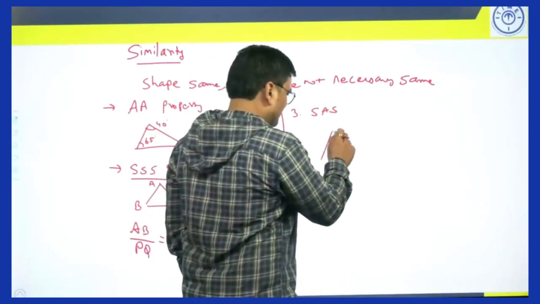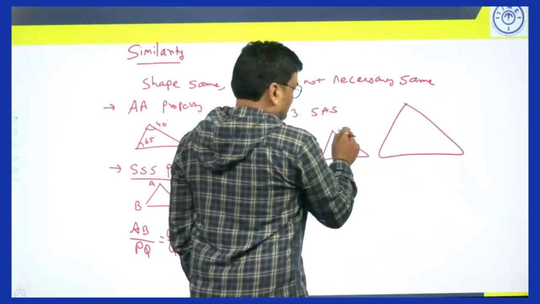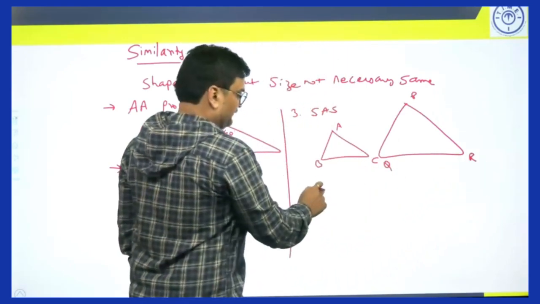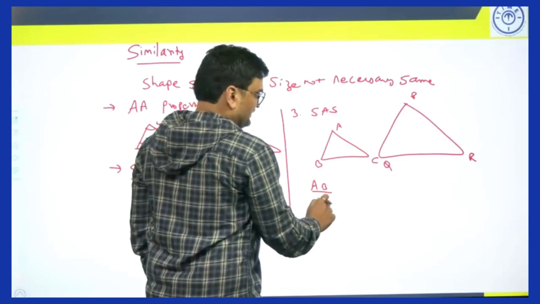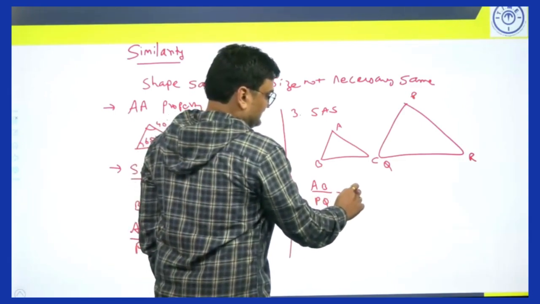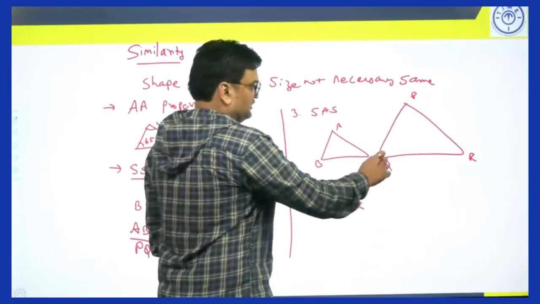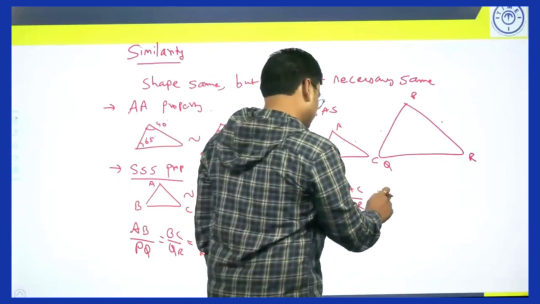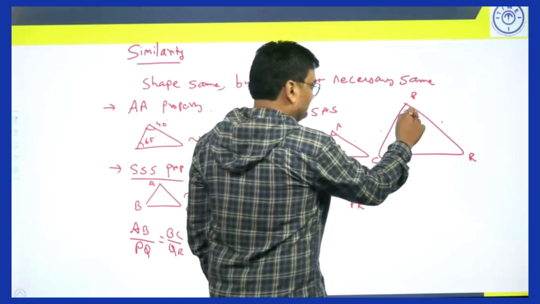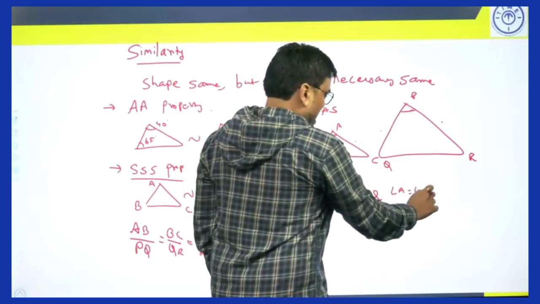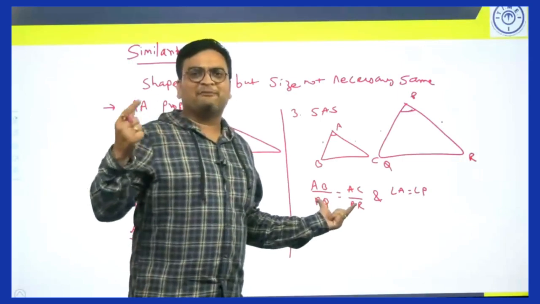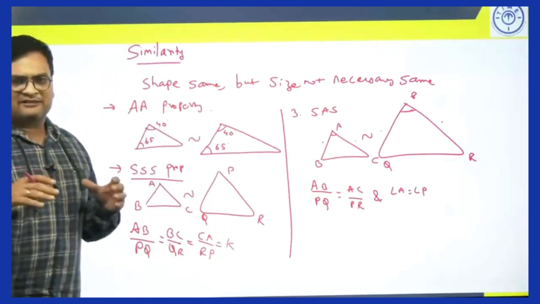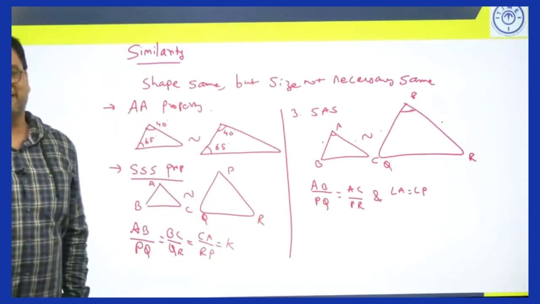If you take two triangles like this again, ABC and PQR, and you notice that the ratio of AB and PQ is the same as AC and PR, so this pair of sides has the same ratio, and the included angle, angle A and angle P, are equal, even then we will say the two triangles are similar. So these are the three different ways in which you can prove similarity.